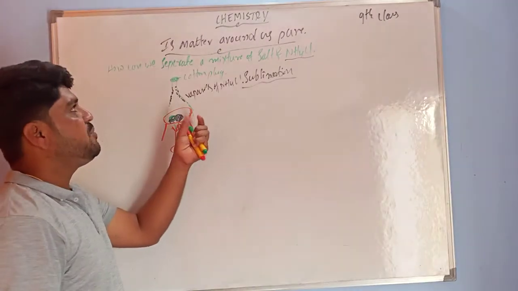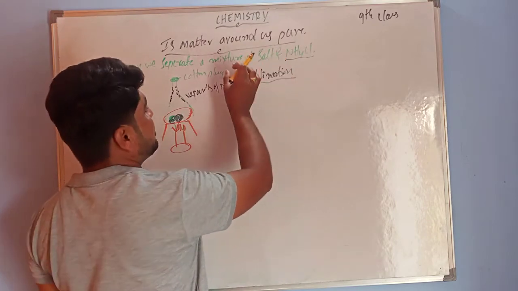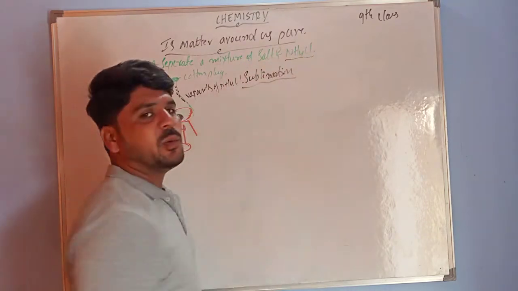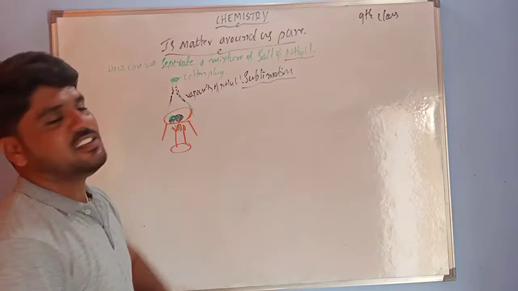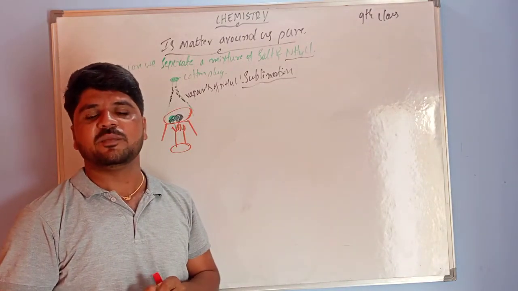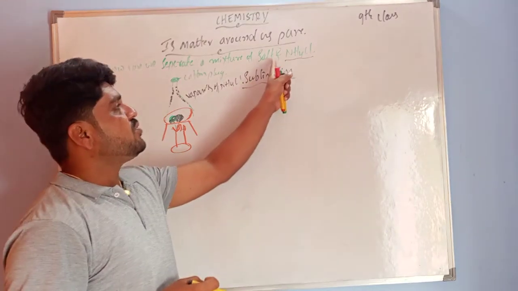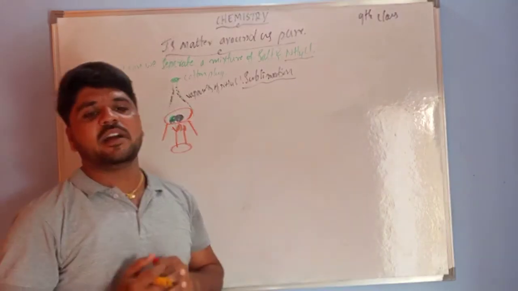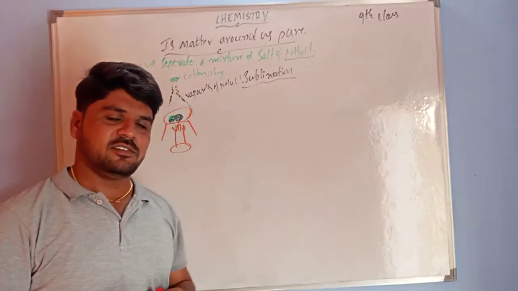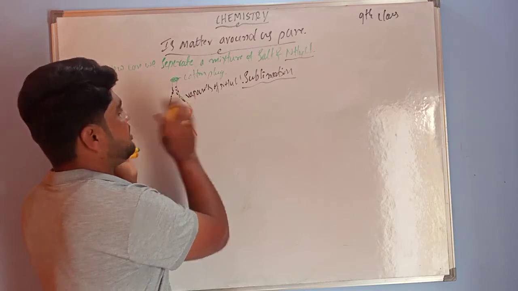In this way we can separate ammonium chloride from salt. This is very easy, and we already studied it in the first chapter: separation of ammonium chloride from salt by the sublimation process. This is very important.